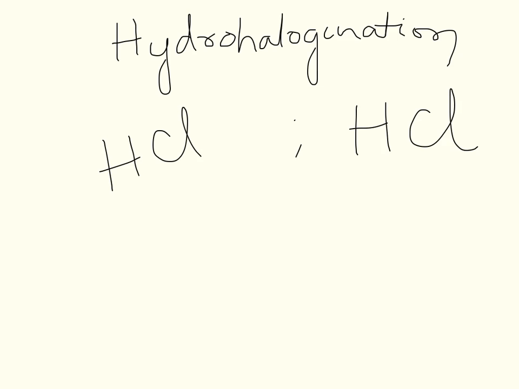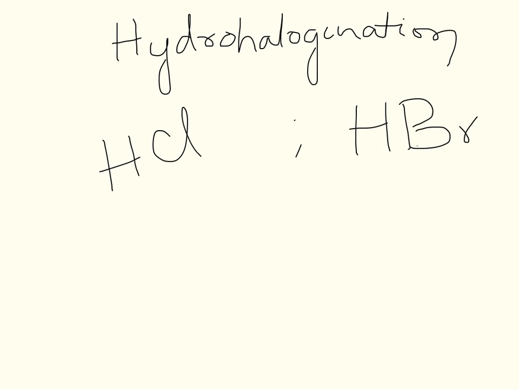Now the next type of reaction that alkenes go through is known as hydrohalogenation. In this case, a hydrogen halide like HCl or HBr.